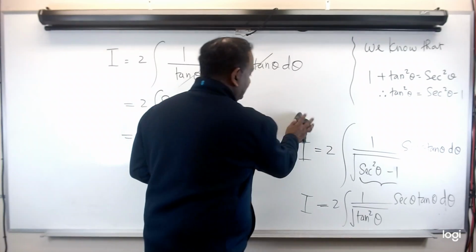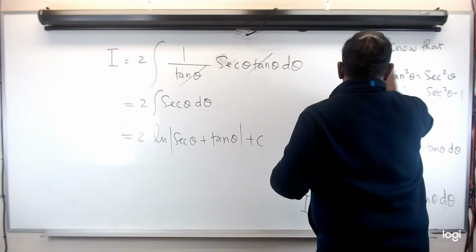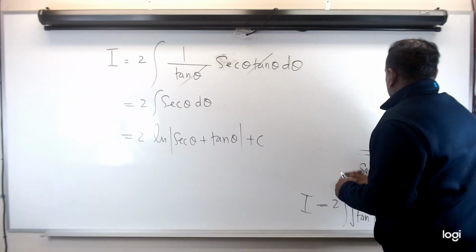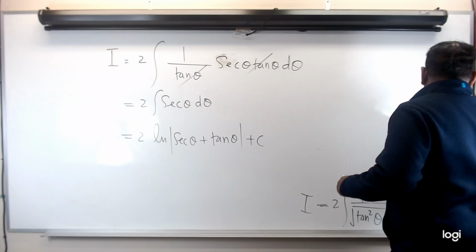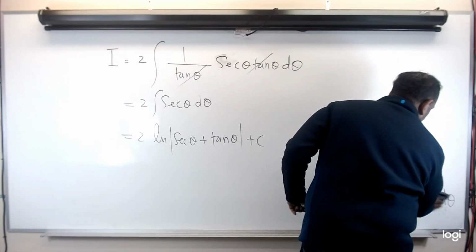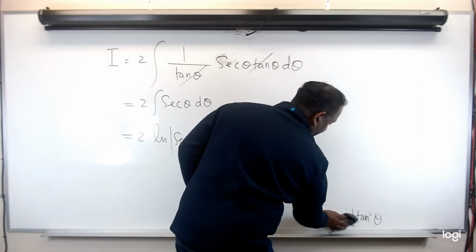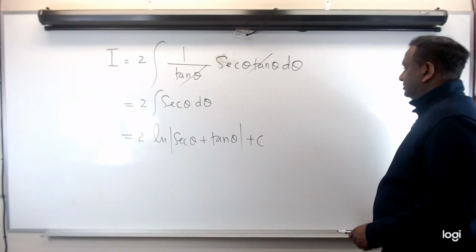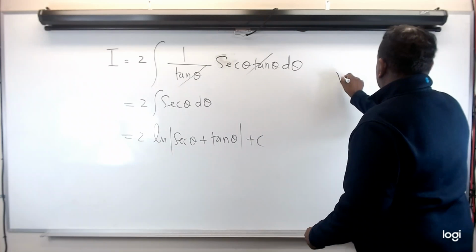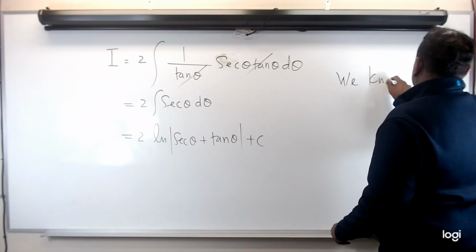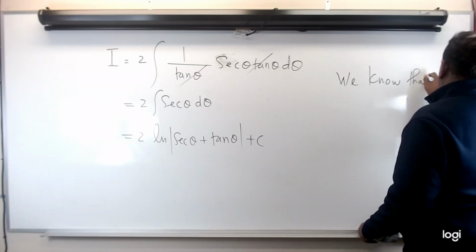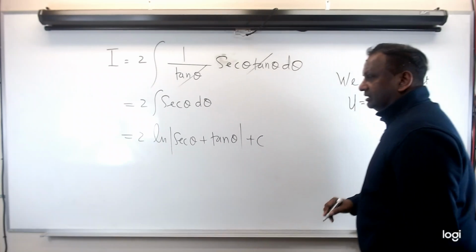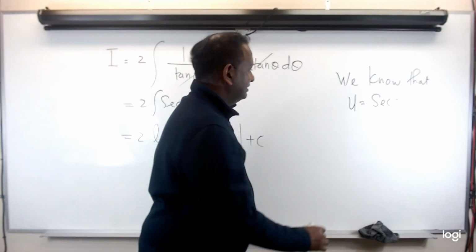Now we didn't start with theta. We started with x, and halfway through we had u. Then we have to go back. Systematically you have to remove theta and write that in terms of u. We know that u is nothing but secant theta. Let's set this into a right triangle.